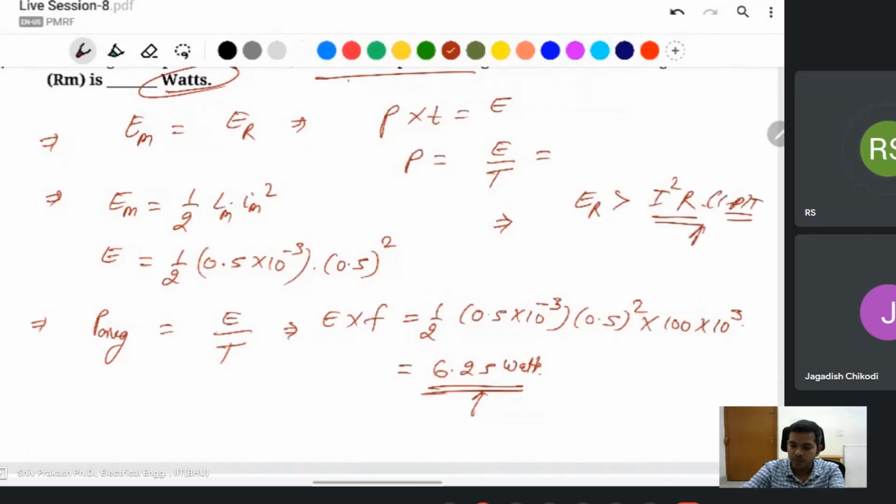It will also depend on the spikes. If you take this value of resistance and the spike is not reduced, then increase the resistance value. The voltage value should be greater than this one. The resistance value we choose should be the difference of the spike voltage and the input voltage. This one is the RMS current.